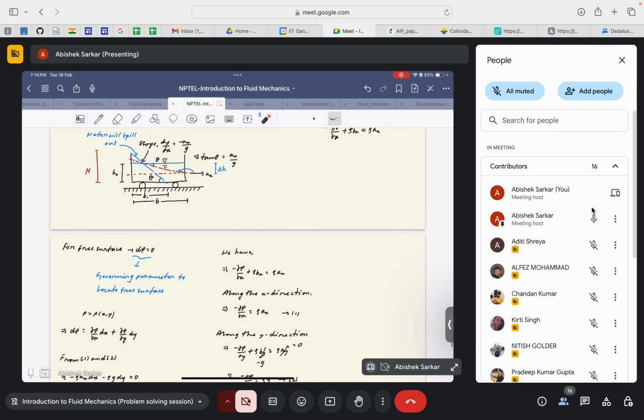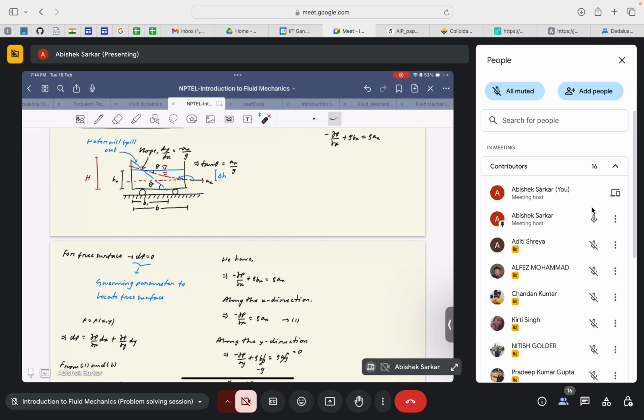Okay, so he mentions that the governing condition to locate the free surface is given by dp equal to 0, because the free surface of the fluid will be in contact with the atmosphere, so the atmospheric pressure will remain constant throughout its area. So that's why dp at the free surface would be equal to 0.